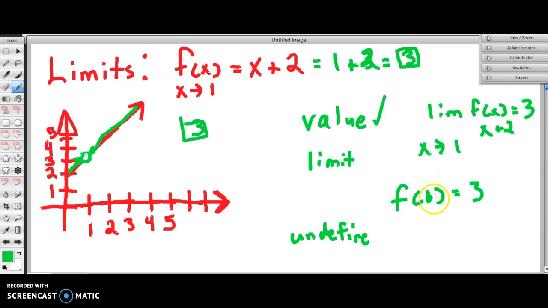So that's the difference between limits and values. And we care about limits because we want to study lines as they approach different points, because functions behave differently around different points, but they may not be equal or have a defined value at that point. And that's very, very important.